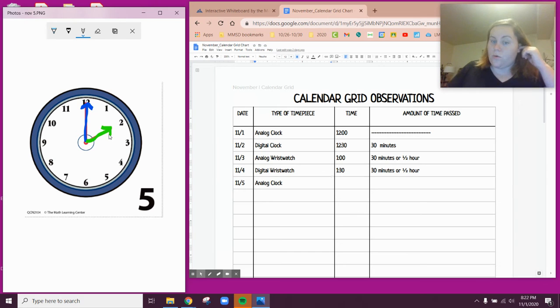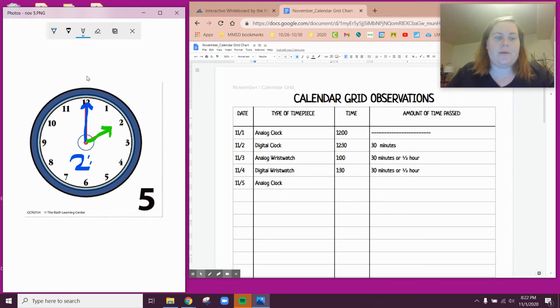So, how I can figure out what time it is: I look at the number the hour hand is pointing to. So I know it is 2. 2 is first. Then I'm going to put my 2 dots. Then I have to figure out what time this is. It's not 12 minutes. I know that. That's not right.